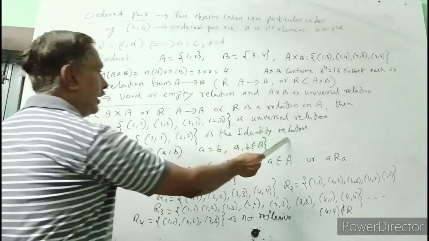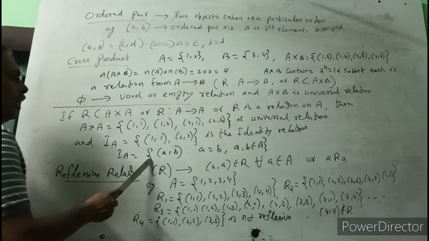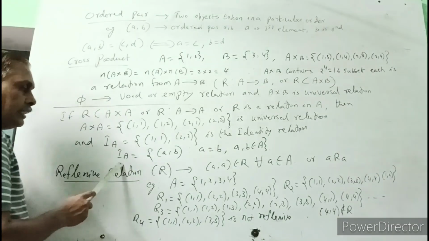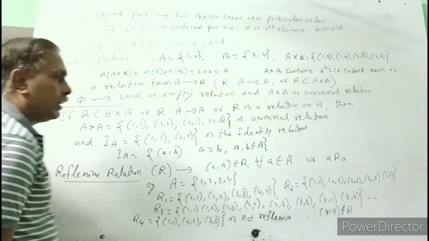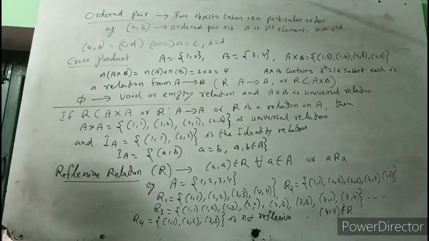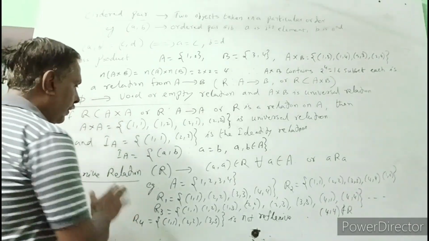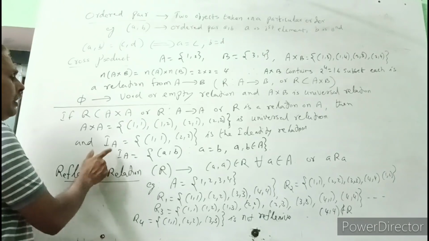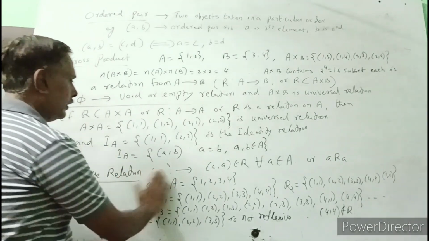That is what is called identity relation. Or in short, identity relation I_A is the set of ordered pairs (a, b) such that a is equal to b, where a and b belong to A. That much also you studied in 11th, or some students have not learned this in 11th. So that is an identity relation.